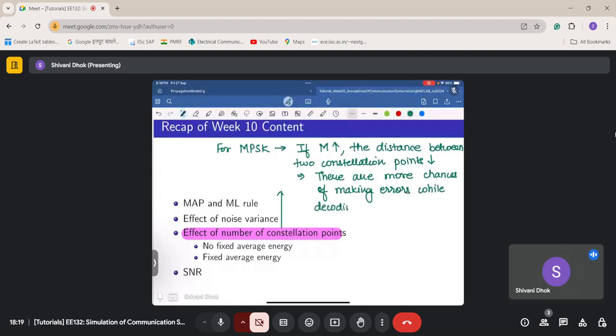Which means if M increases, probability of error increases, and this is for your fixed.